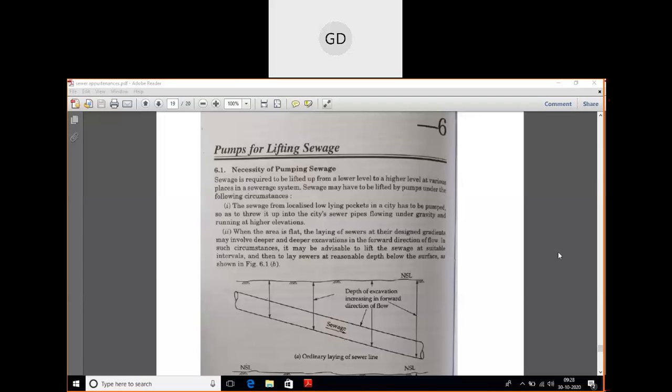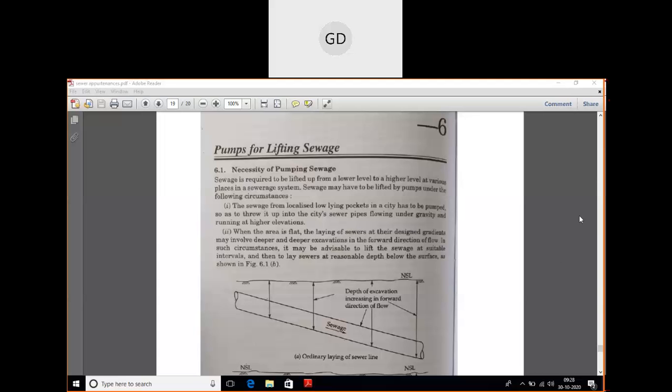In that type of situation, it is advisable to lift the sewage at suitable intervals, so that you can lay the sewer at a reasonable depth below the ground surface.